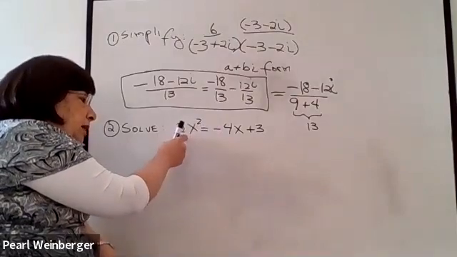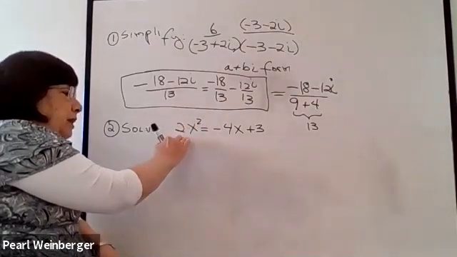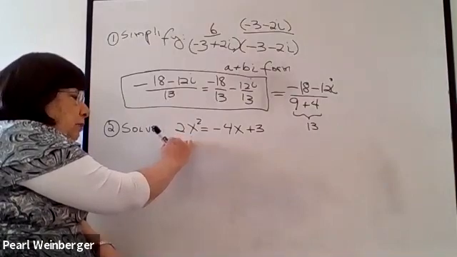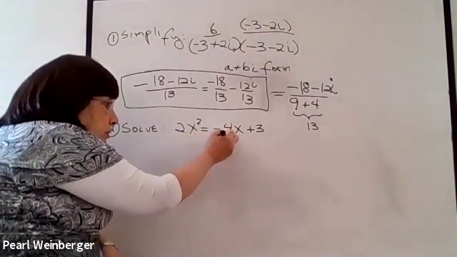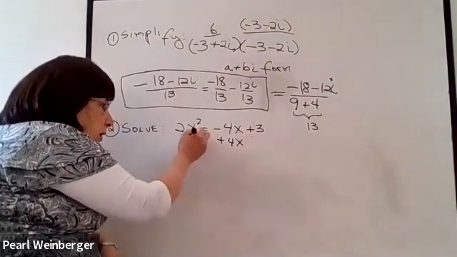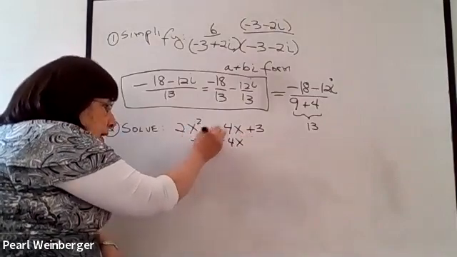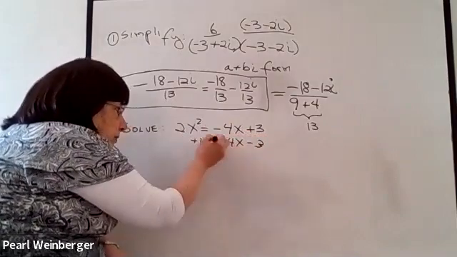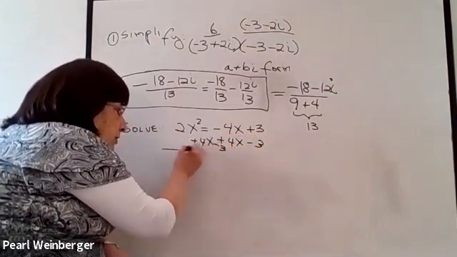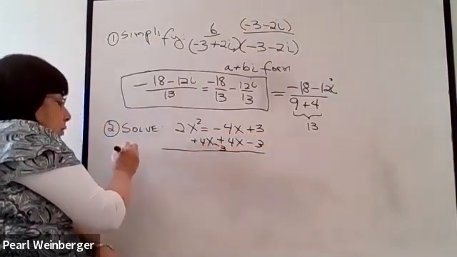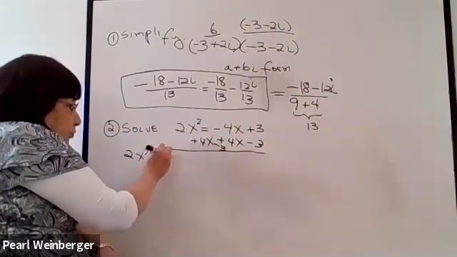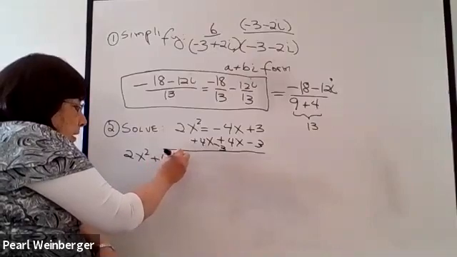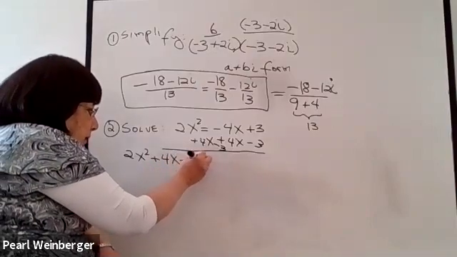And I usually like to bring everything to the side where the x squared is, because I want to start out with a positive x squared. So I'm going to add 4x to both sides and minus 3 from both sides in order to get the quadratic equation 2x squared plus 4x minus 3 equaling 0.